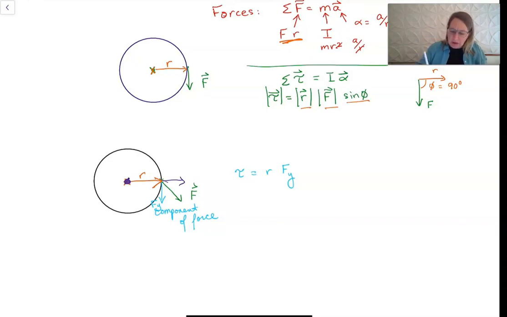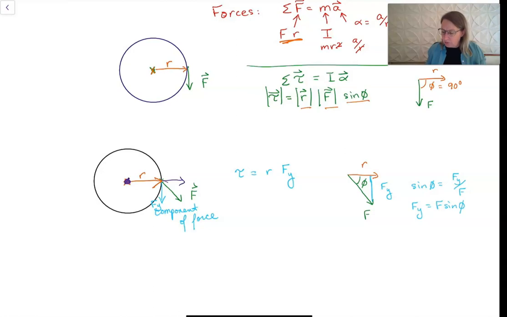And if we redraw this, here's our R, here's our force, here's our angle, phi, then we can recognize that sine of phi is Fy over the magnitude of the force, or Fy is equal to F sine of the angle between them, which is just what we have up here.